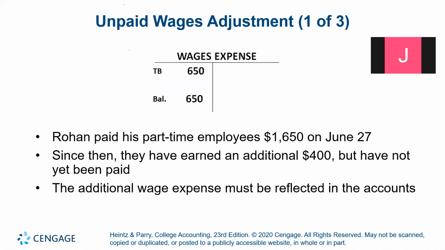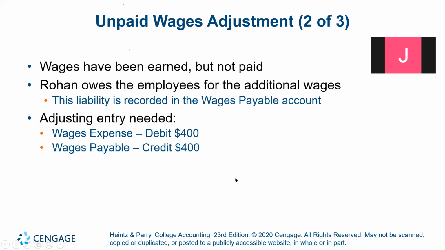At the end of the month, you worked 40 hours and you made about $15 an hour or whatever, and you earned $650. Since that money was earned in the month of June, it must be recorded as an expense in June, even though your company's not even going to look at your time card until a week or two. So this additional wage expense has got to be reflected in the accounts.